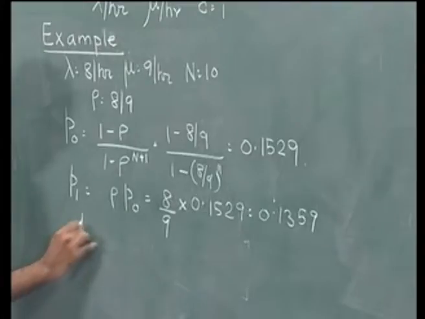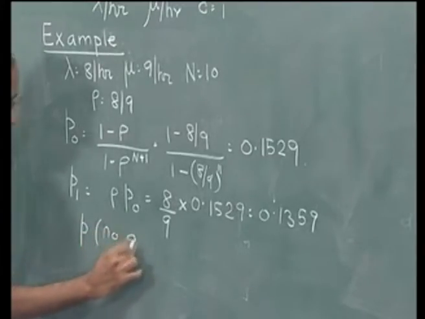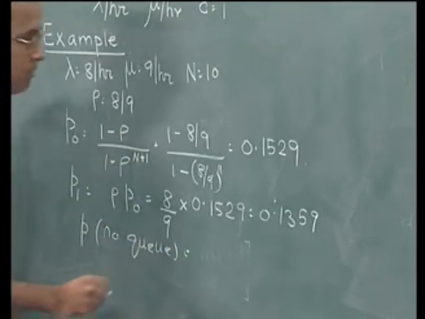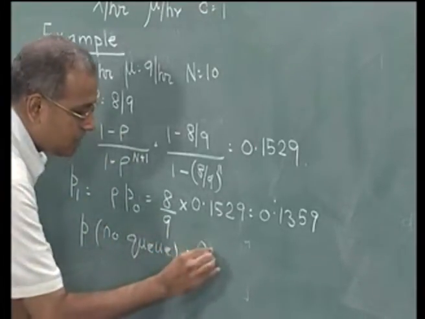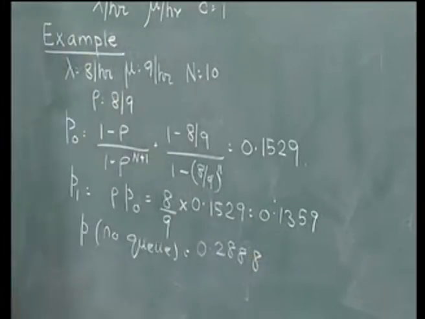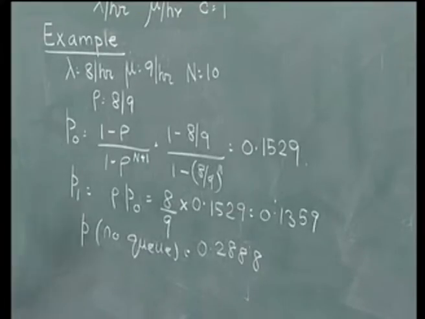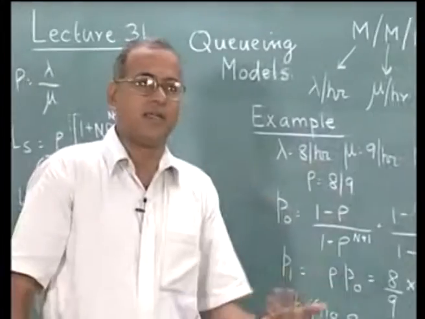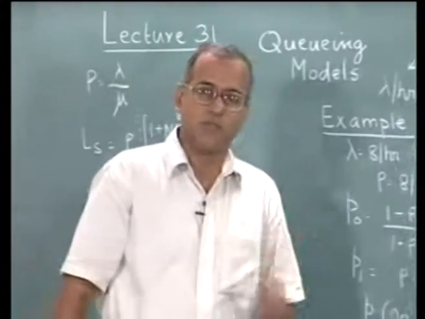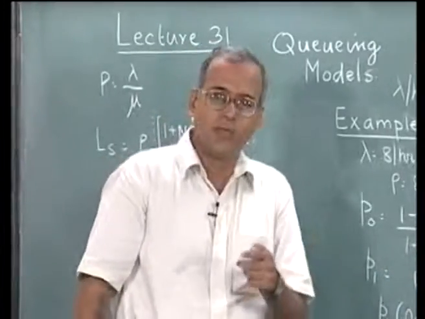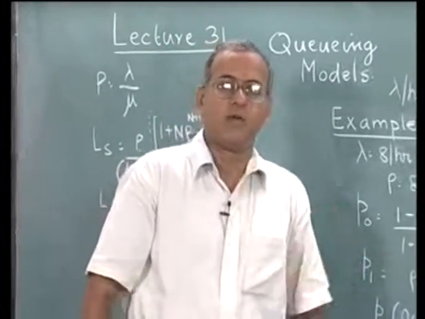So, the probability of no queue is P naught plus P1, which becomes 0.2888. So, about 28% of the times there will be no queue, and a person who comes will either directly go to the server if the server is free, or if one person is being engaged, this person will come in as the first person waiting.